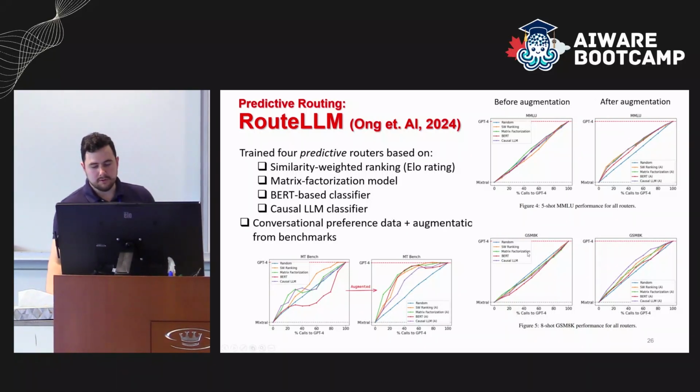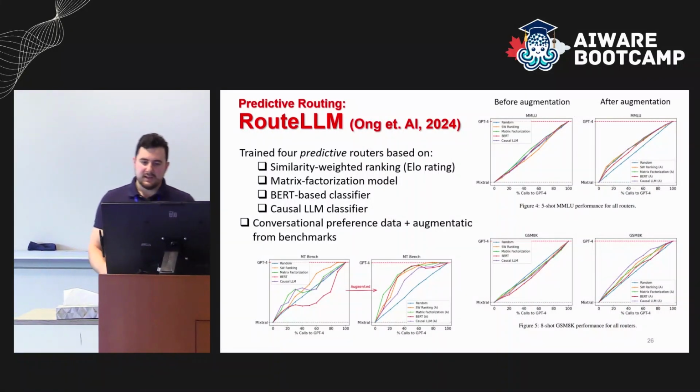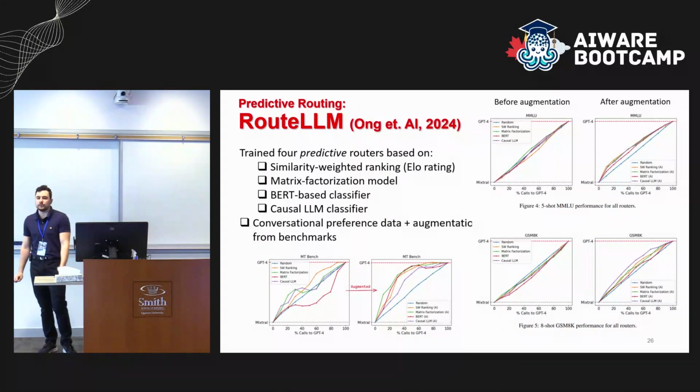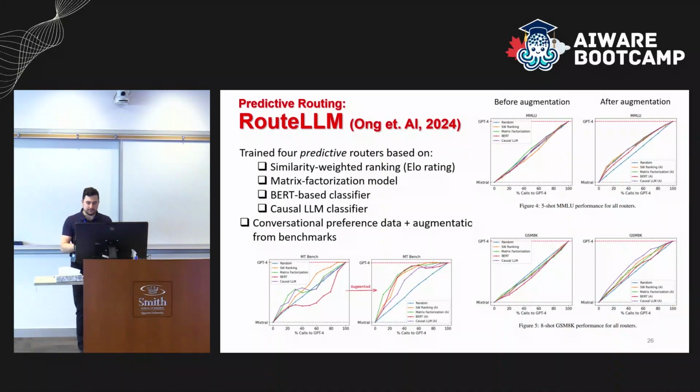Meanwhile, both MMLU and GSM8K are multiple choice question type benchmarks, and look at that, the performance of our routers is generally around the random baseline. This shows quite a big dependence of the router on the training data it sees. If it sees conversations, it doesn't do too well at routing multiple choice questions, and vice versa. This is one of the big limitations of these routers: the kind of data you use is very important.